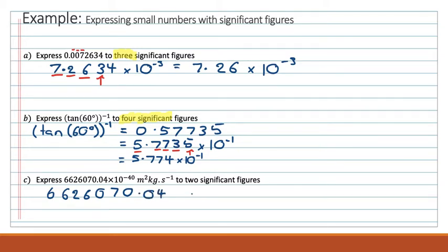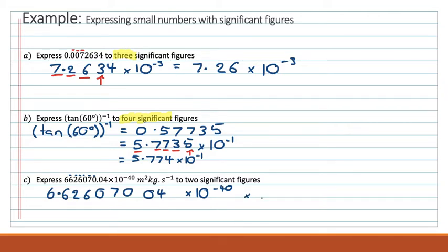So 6626070.04 times 10 to the -40. Now we're going to move the decimal point from here over to here. So we jumped 1, 2, 3, 4, 5, 6. So we're moving the decimal point 6 places to the left.